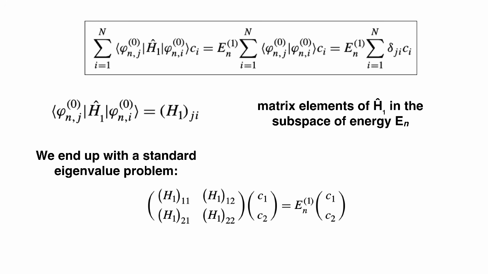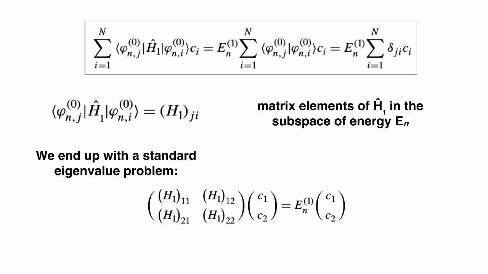Okay, so it's time to think a little bit about what we have here. What we have is actually an eigenvalue problem, an eigenstate problem as well. And if I can solve this problem, I find the ci's and also the En1. So all the En1 are going to give me the correction to the energy, and all the ci's will provide me the acceptable linear combination of these eigenstates that were initially degenerate.